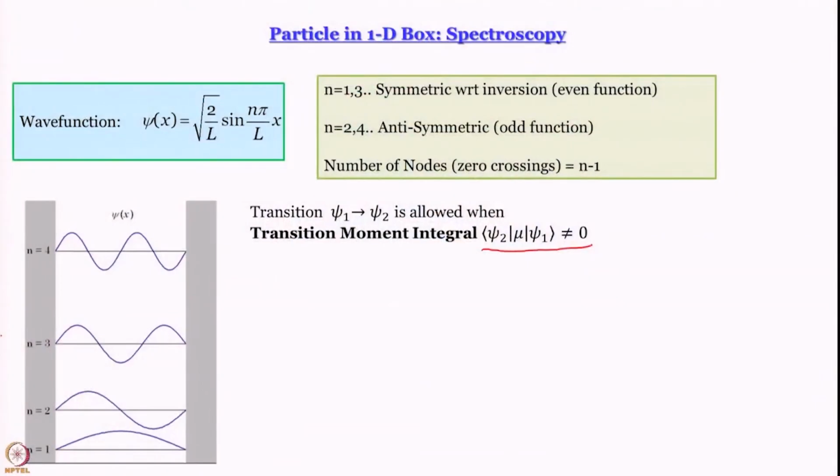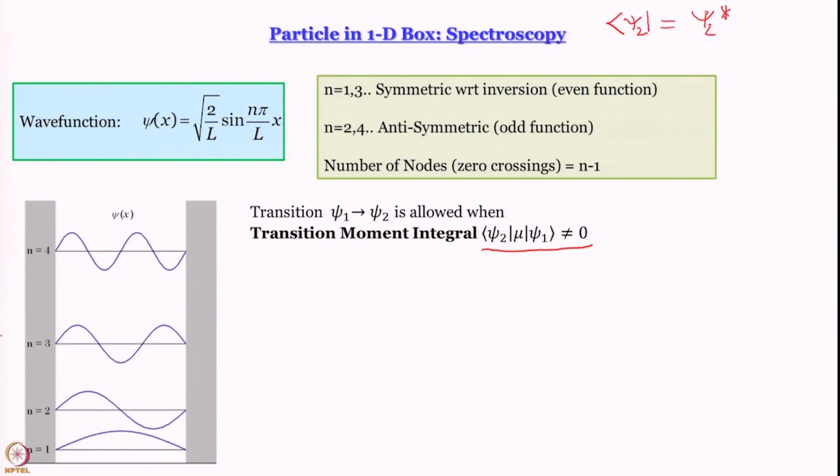What we have written here is this. In Dirac's notation, this is called a Ket vector, this is a Bra vector, and when we write a wave function inside it, let us say I write psi 2 in a Bra vector, it essentially means psi 2 star, the complex conjugate of psi 2.